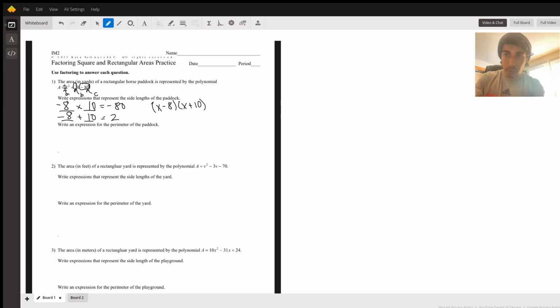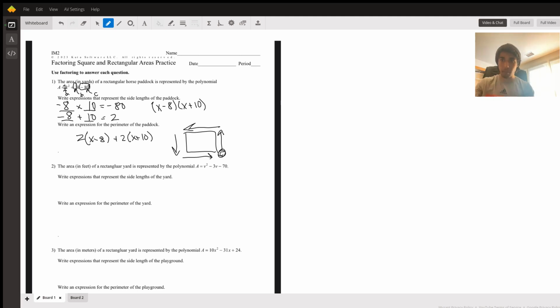All right, as far as the perimeter, remember what perimeter is. That's like, I'm going to start here, I'm going to go up, I'm going to go over, and I'm going to go down, and I'm going to go back. It's like we're walking all the way around the square. All right, so I'm doing the right and the left side, which are the same. So it's like I have 2 of these, and I also have 2 of these, right? Because I have to go across the top and the bottom.